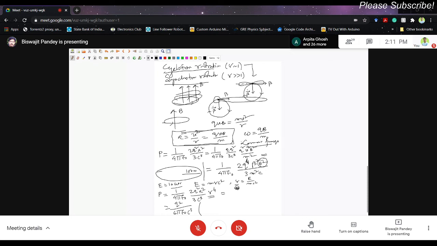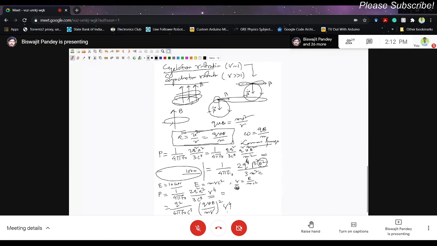What is a? q v B by m gamma, relativistic, right, squared, into gamma to the power 4, right? So there is a gamma square factor in the denominator and gamma to the power 4 in the numerator, so it will be proportional to gamma square.